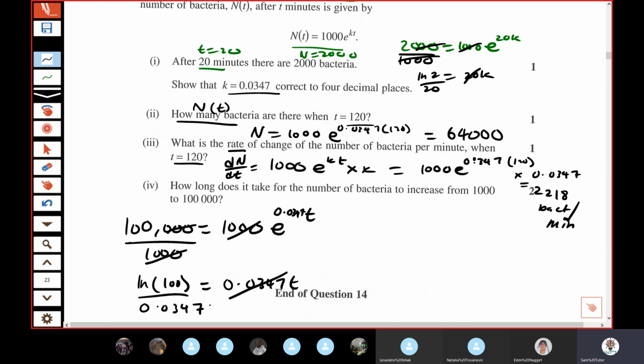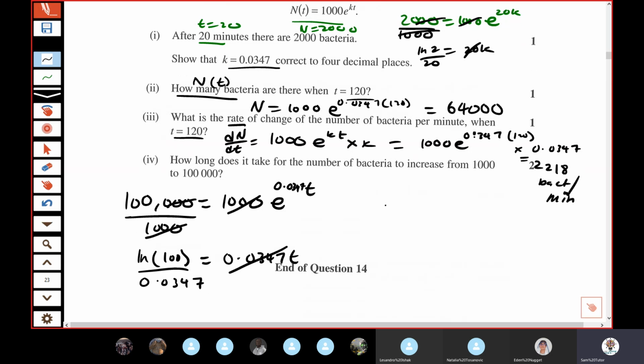Okay, I got, how long does it take? 133. You have to round up. 133 minutes. T equals 133 minutes. You can't round down because then you wouldn't reach 100,000.